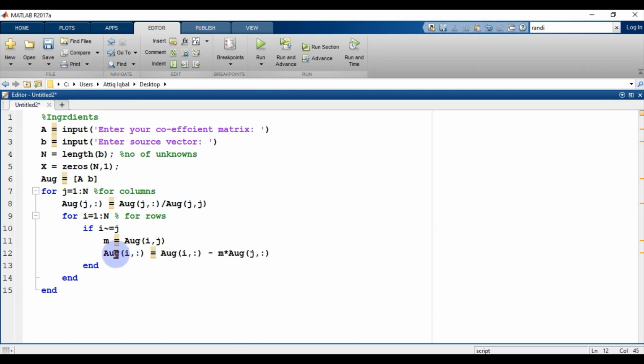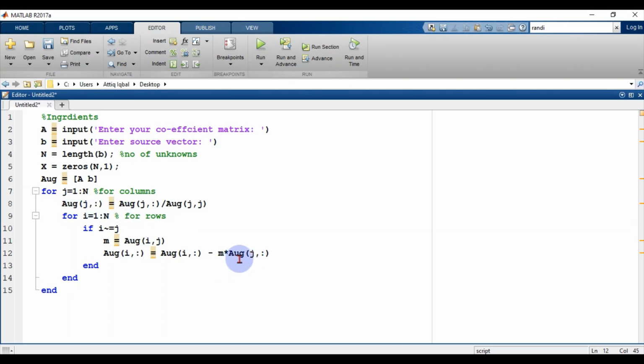If we dry run this in mind, for j equal to 1, we only enter this if when i is 2. For i equal to 2, m is going to be augmented matrix entry 2,1, and the second row of the augmented matrix will be updated as the second row subtract multiplier times the augmented matrix first row, since j is fixed as 1.